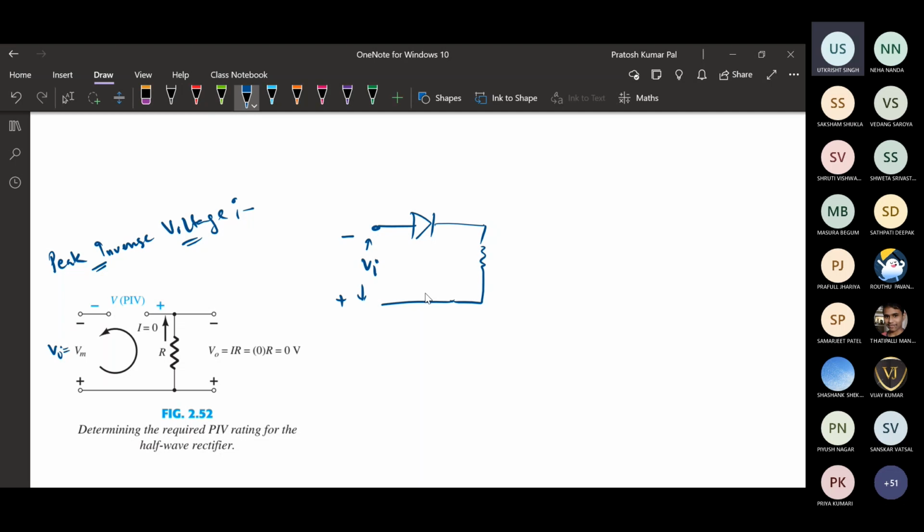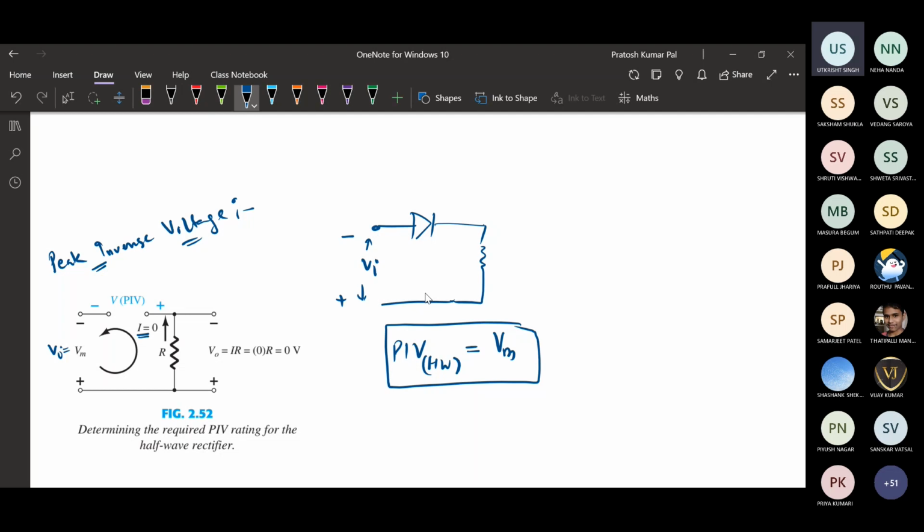That reverse bias voltage will be negative here and positive there. As it is an open circuit, the current flowing is 0. If 0 current is flowing, the voltage drop across the resistor will be 0, so the PIV will be equal to Vm. So the PIV in the case of the half wave rectifier is equal to Vm.